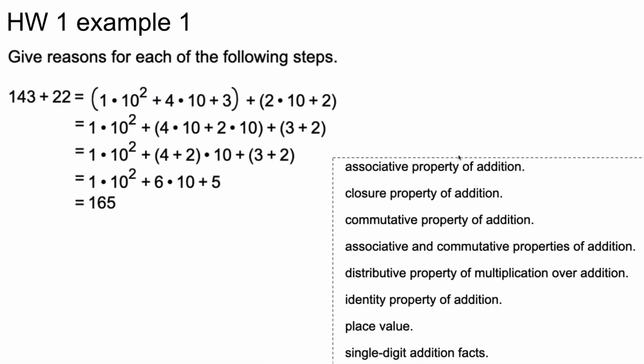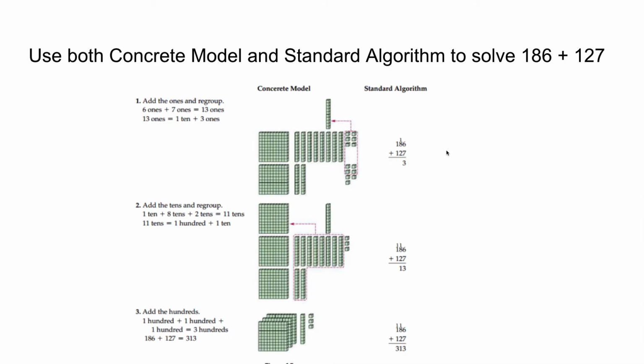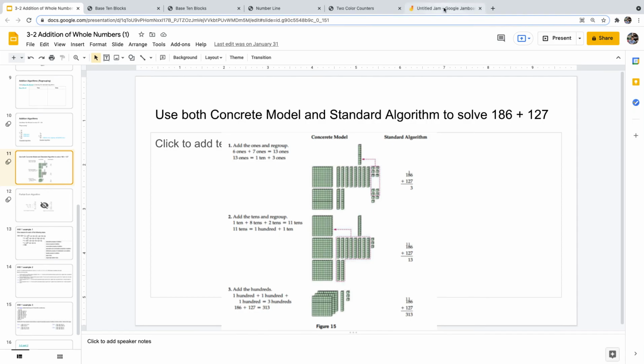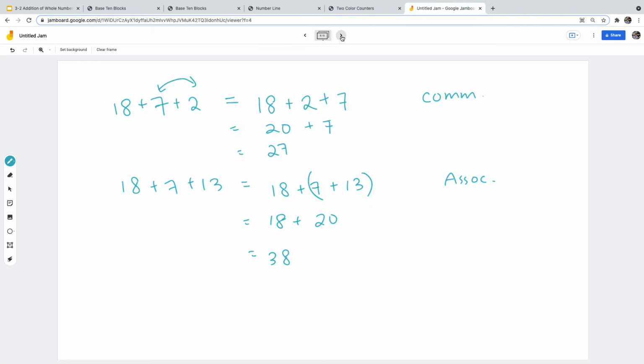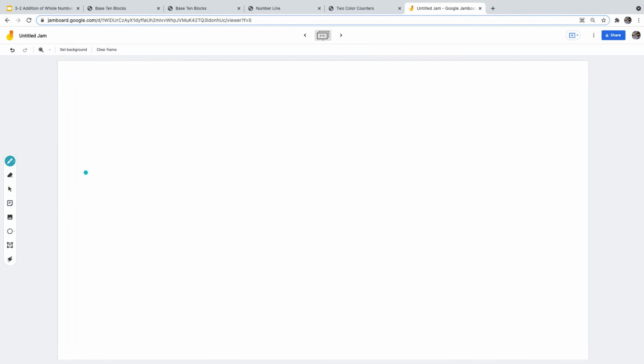So if I do that, using my Jamboard, 186 plus 127. Okay, you know how to use the manipulatives, so I'm going to use standard algorithm here.